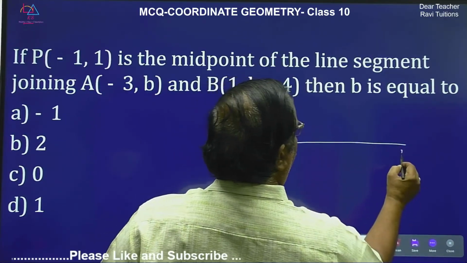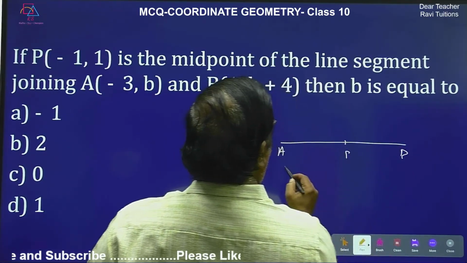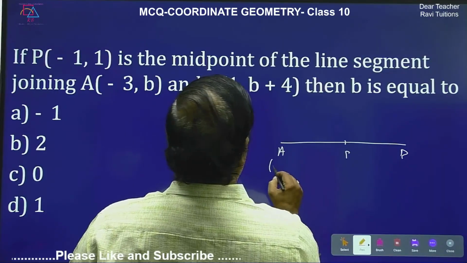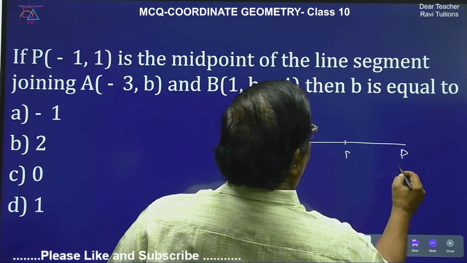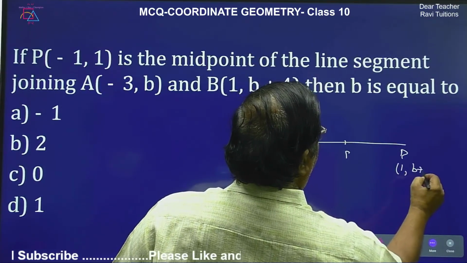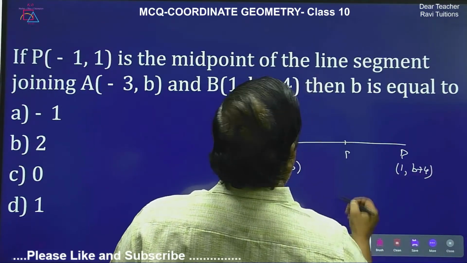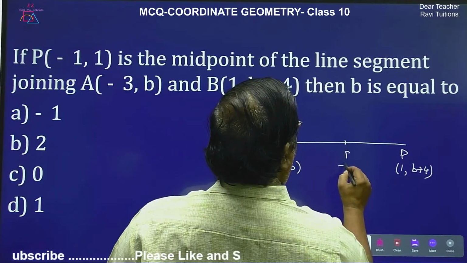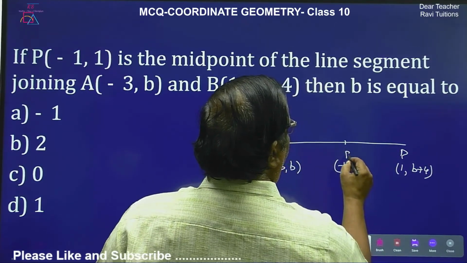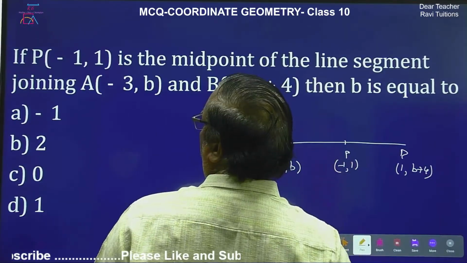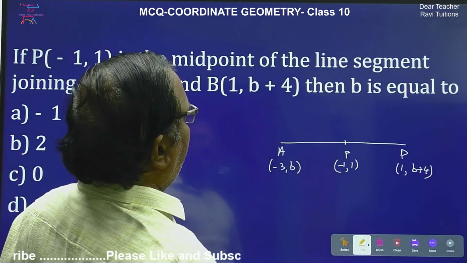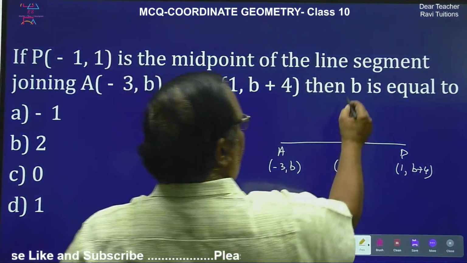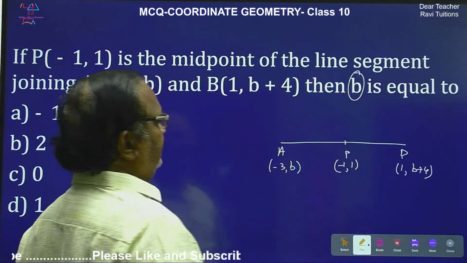AB and P is midpoint. So AB is how much? Minus 3B, and this is 1, B plus 4, and this is minus 1, 1. Now you have to find out B. Okay?